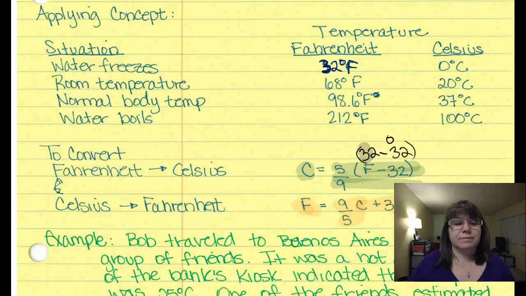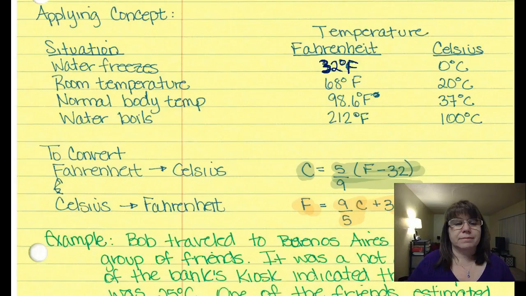If I was to plug 68 in there, I would have 68 minus 32, which is 36. 9 goes into 36 four times. 5 times 4 is 20 degrees Celsius. So you see how given one type of temperature, you can convert to the other type of temperature.